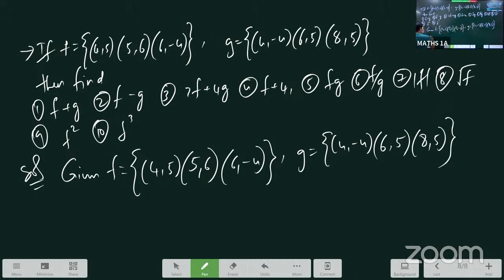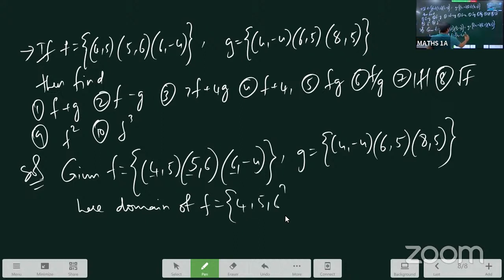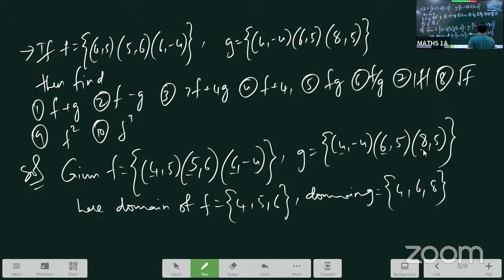Now here, the domain of f. Domain means the first elements of the ordered pairs: 4, 5, 6. And the domain of g is 4, 6, 8. First elements of the ordered pairs are called the domain.